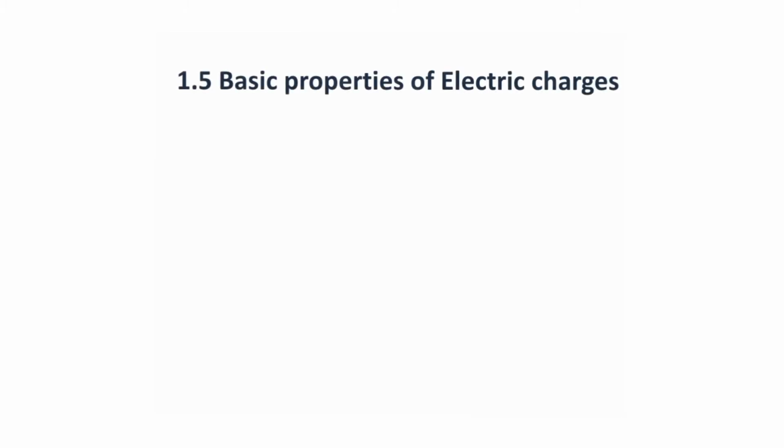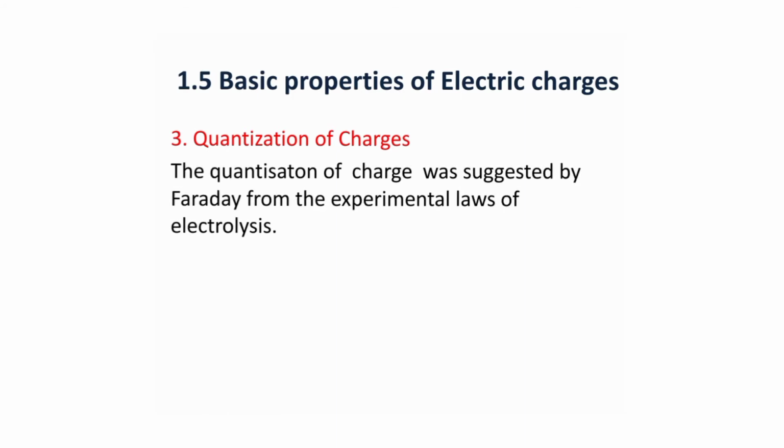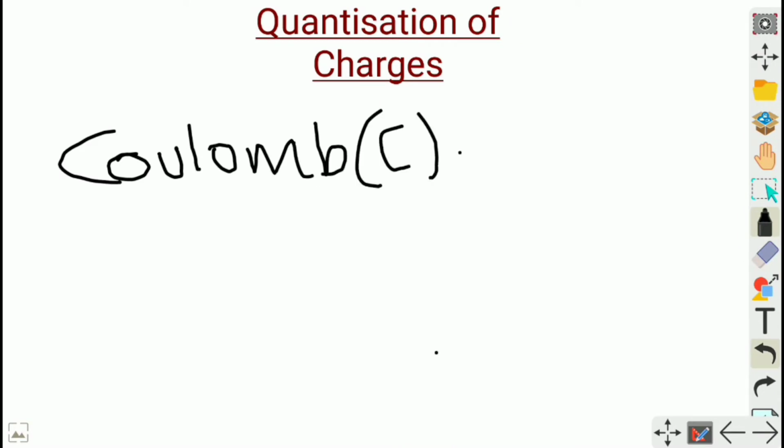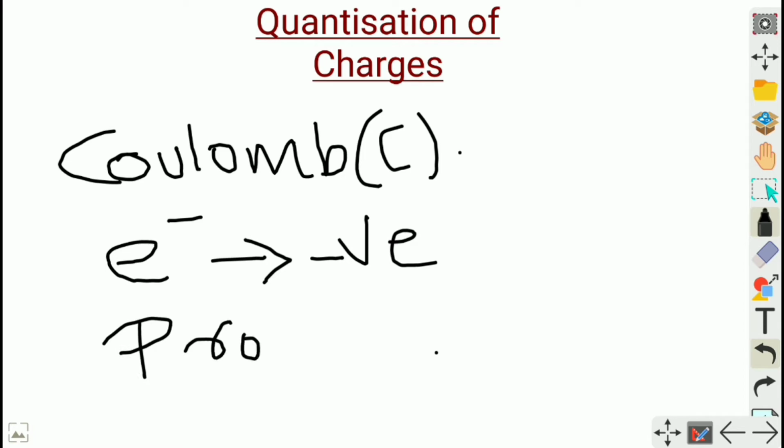The last basic property of electric charges is quantization of charges. This was first suggested by Faraday and it was verified by Millikan in 1912. The fundamental unit of electric charge is Coulomb. By convention, the charge of an electron is taken as negative and that of a proton as positive.